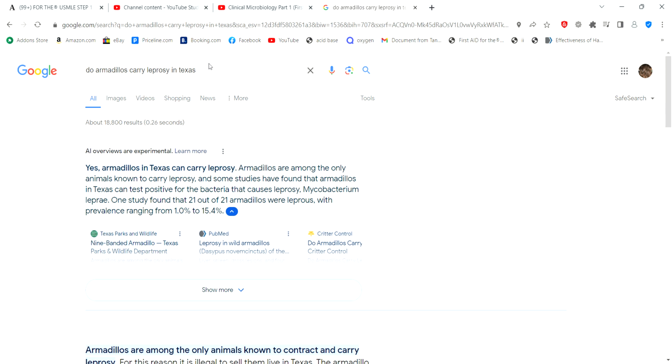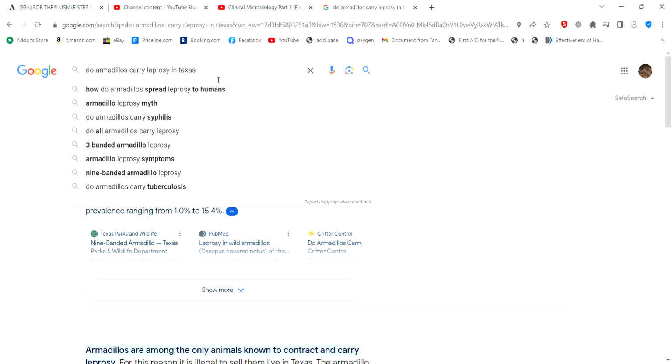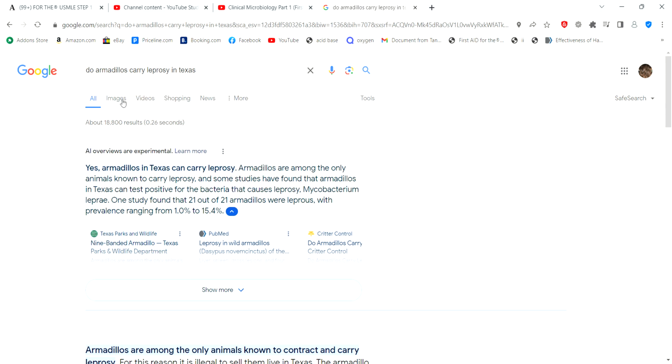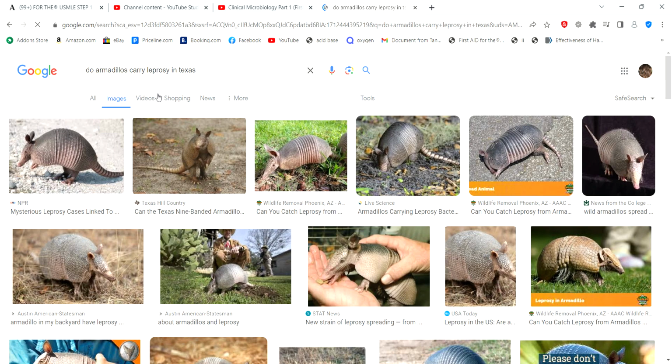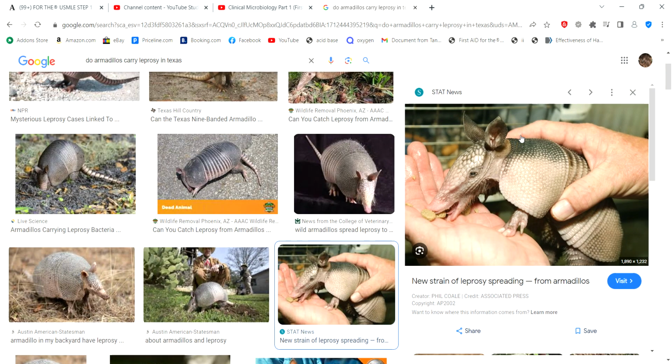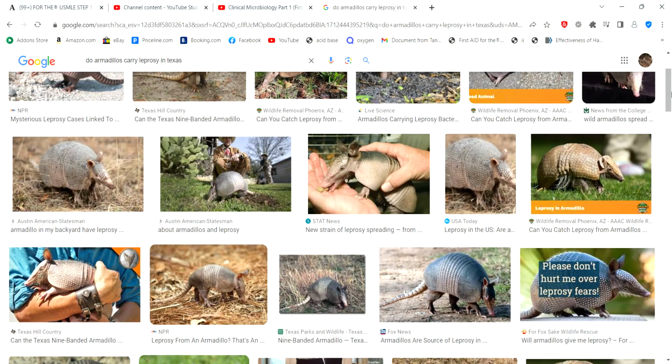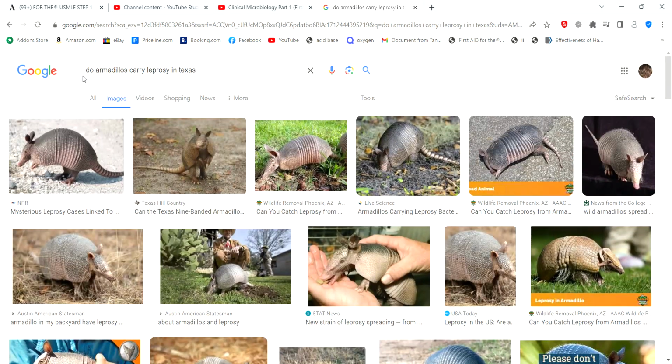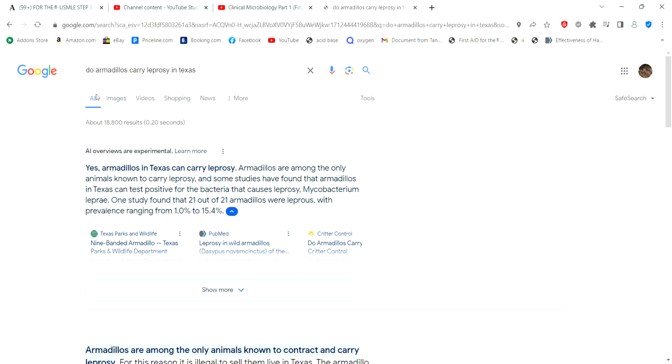I knew there was an association. Oh my goodness gracious. That's terrifying. Why is that man touching it? Bruh. No. Alright, don't touch armadillos.